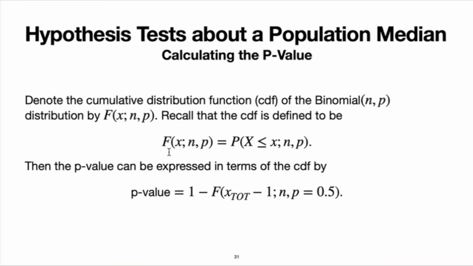So the CDF evaluated at little x is equal to the probability that capital X is less than or equal to little x. Actually, what I ought to have right here is capital X tot. All right, so utilizing the CDF here, we can re-express the p-value in this way. The p-value is equal to 1 minus the CDF evaluated at little x tot minus 1, under the assumption that p is equal to 0.5 here.